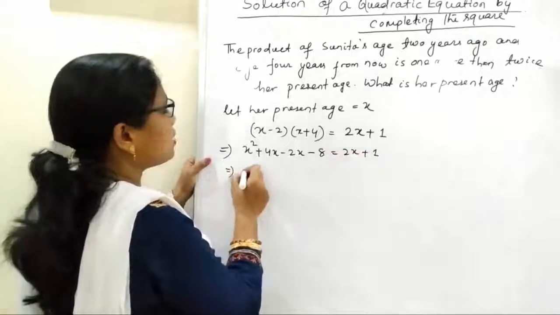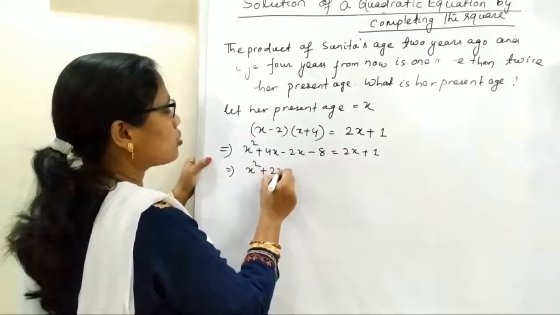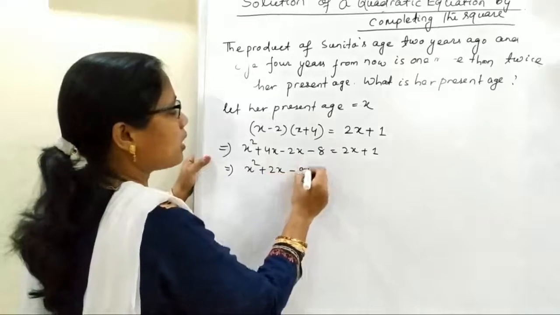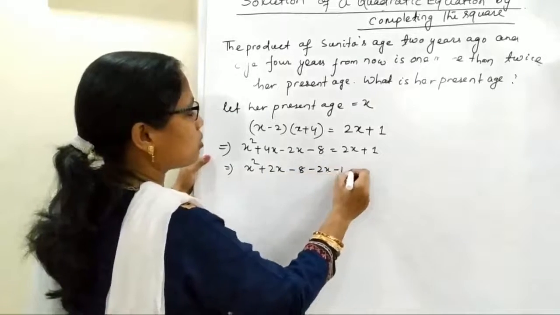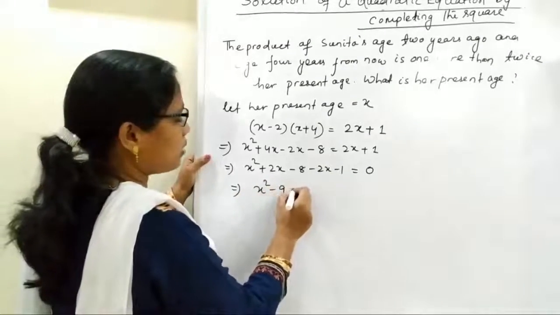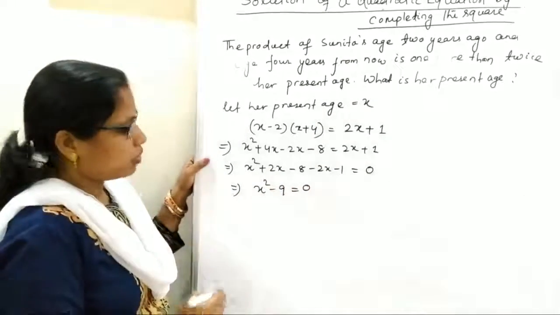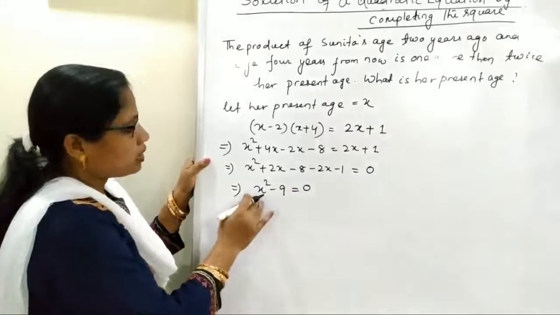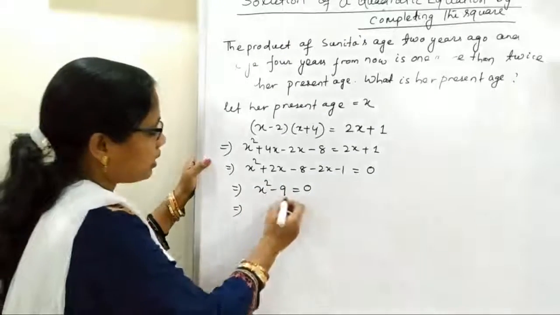So this implies x square plus 2x minus 8 minus 2x minus 1 is equal to 0. So this implies x square minus 9 is equal to 0.